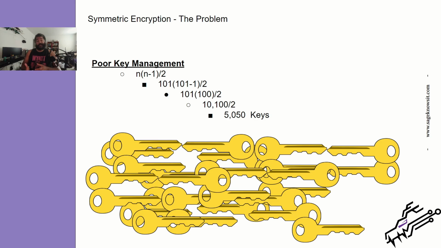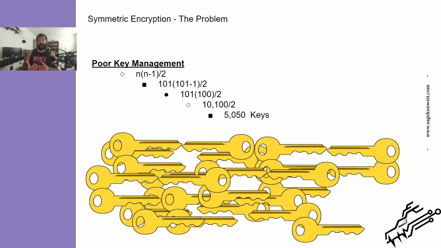Another thing is that symmetric encryption doesn't have a great sense of key management. What I mean by that is, let's just say, for instance, that we have 101 people who need the same exact key, right?